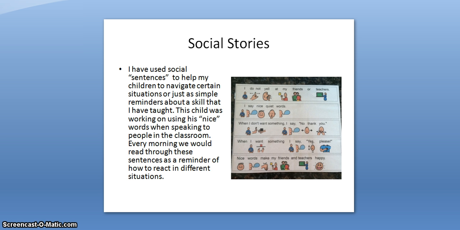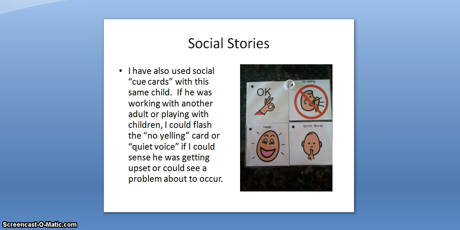Before something that I knew would trigger a reaction for him, I would pull him over and we would review those as well. There were many times that I could see him thinking as things were happening and reciting these sentences in his head, and then would turn and look at me and say, "Yes, please," as opposed to yelling at me, which was something that he used to do.